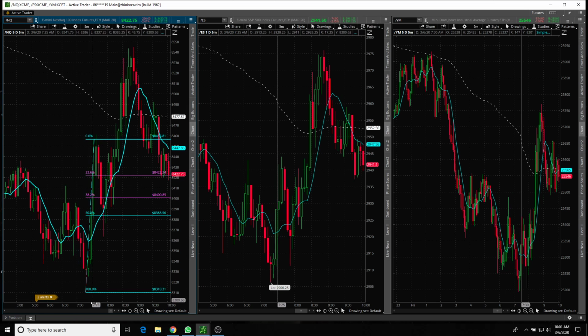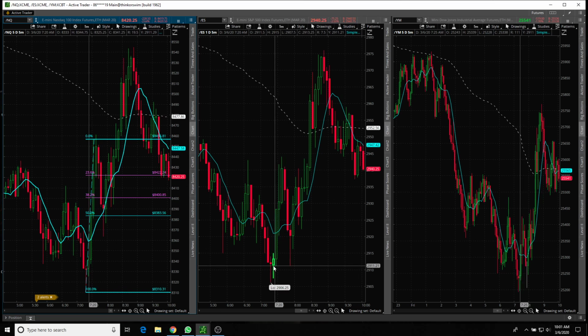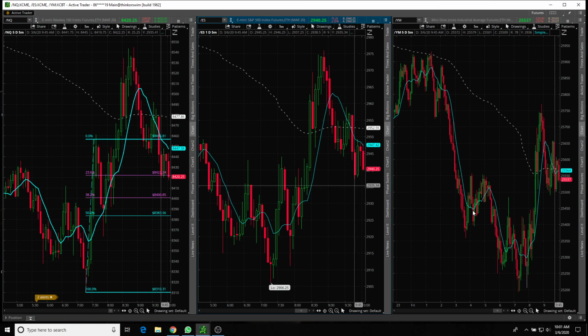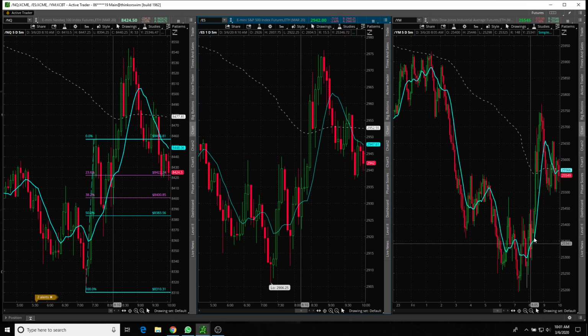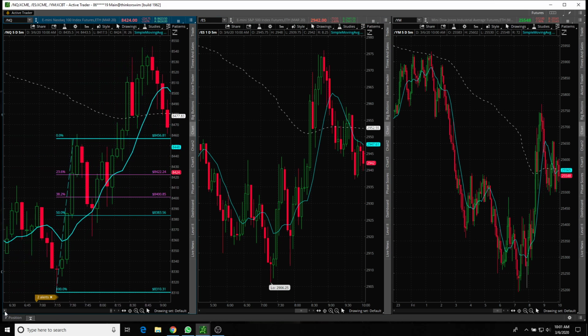Then at 15 minutes before the open, the futures started ripping higher, which is what you can see on all of these charts here in this time frame. I'm going to zoom in on the NASDAQ specifically, just to illustrate this better.